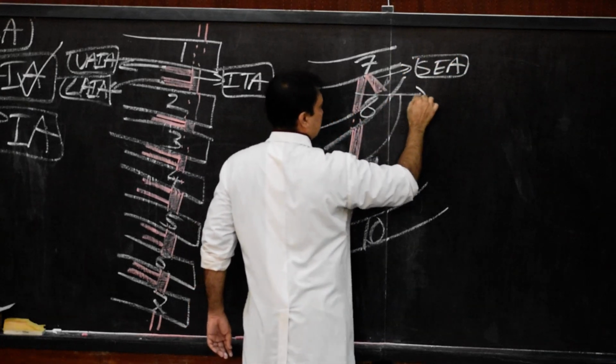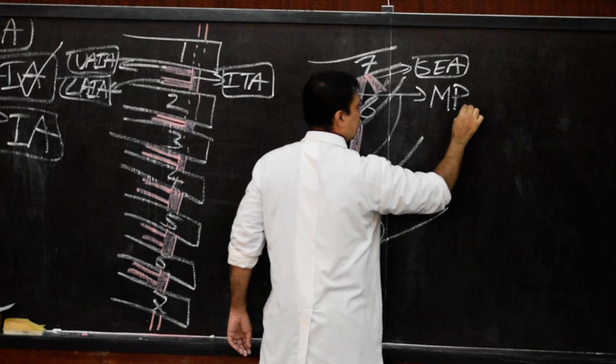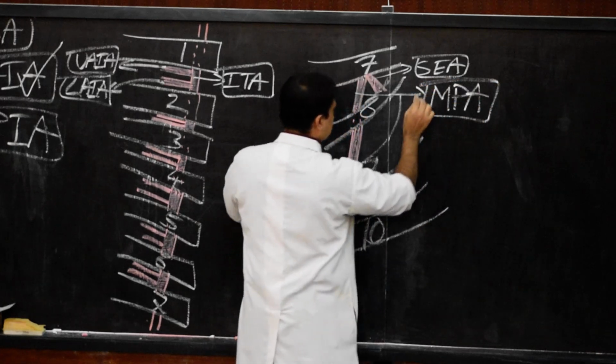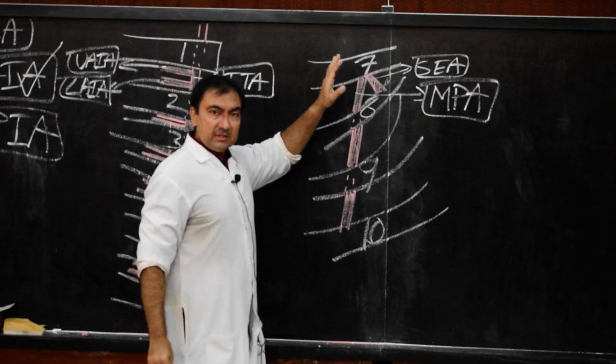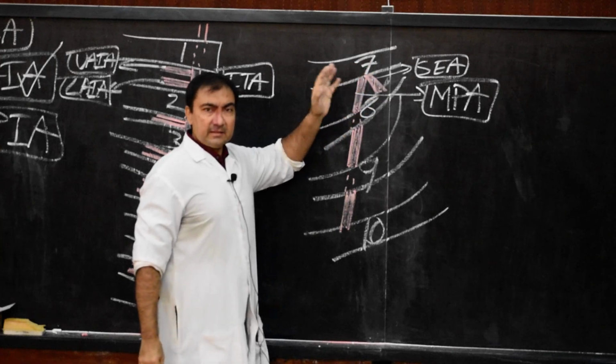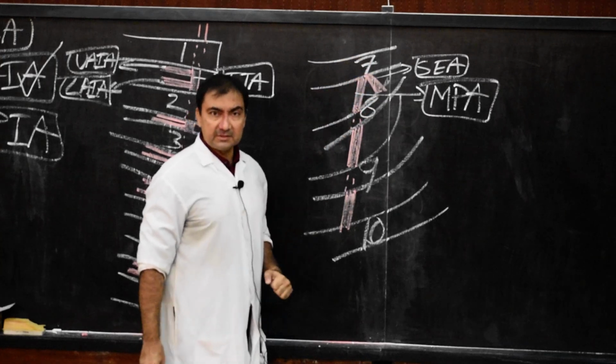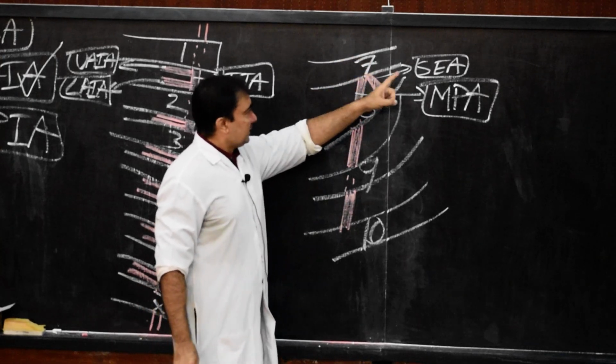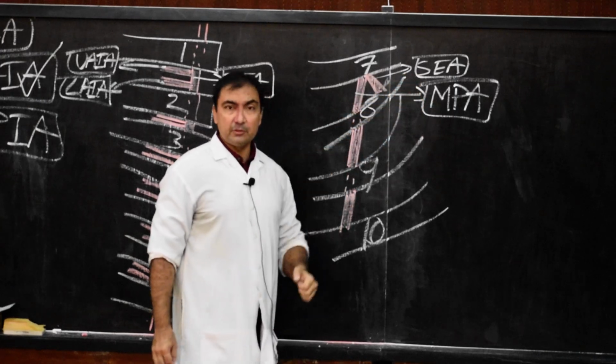So the internal thoracic artery, just behind the 7th rib or below the 6th intercostal space, will divide into the superior epigastric artery and musculophrenic artery.